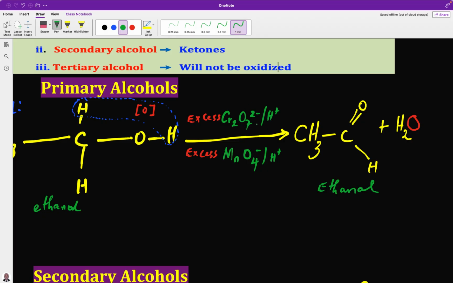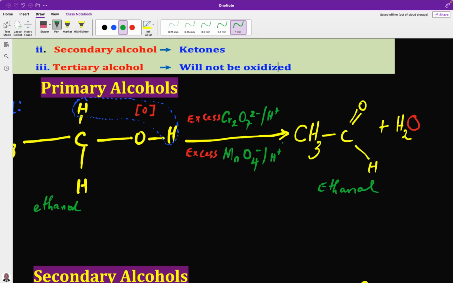If acidified potassium dichromate was used as our oxidizing agent, when there is oxidation, like in primary alcohol, the color of the solution will change from orange to green, signifying that the orange dichromate ion is reduced from +6 to chromium 3 plus ion.